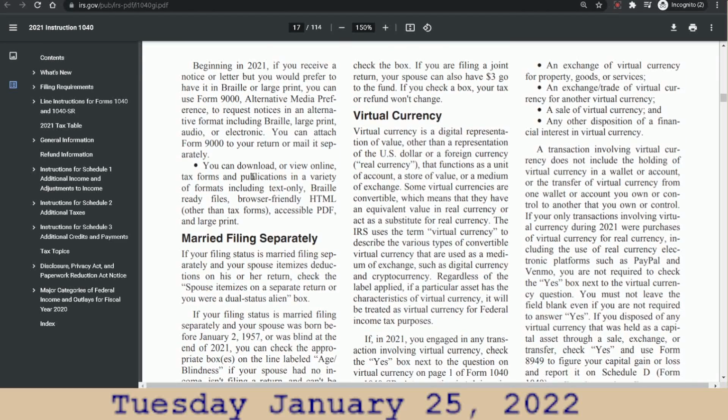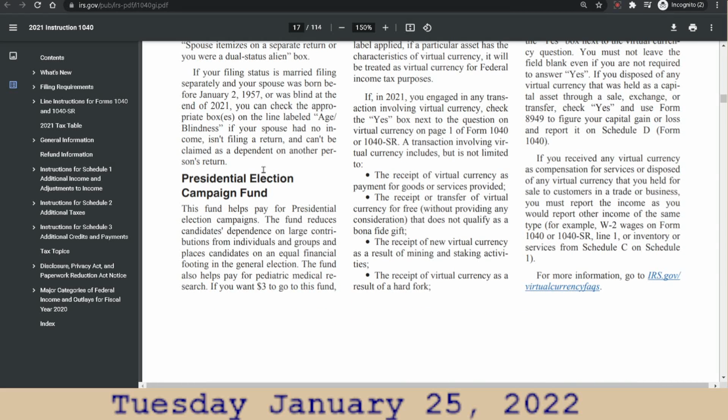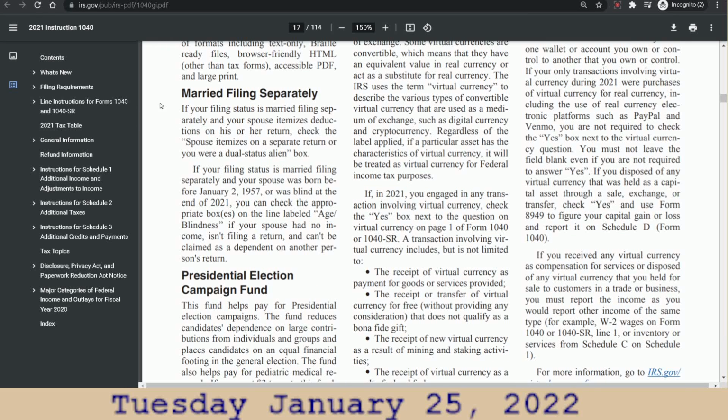And then they have more information here. Let's go to married filing separate. If your filing status is married filing separate and your spouse itemized deductions on his or her return, check the spouse itemized on a separate return, or you were a dual status alien box.